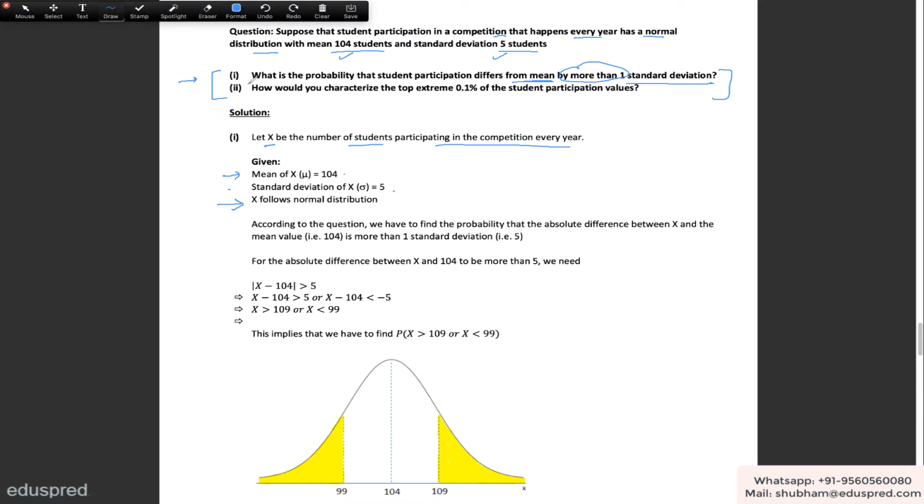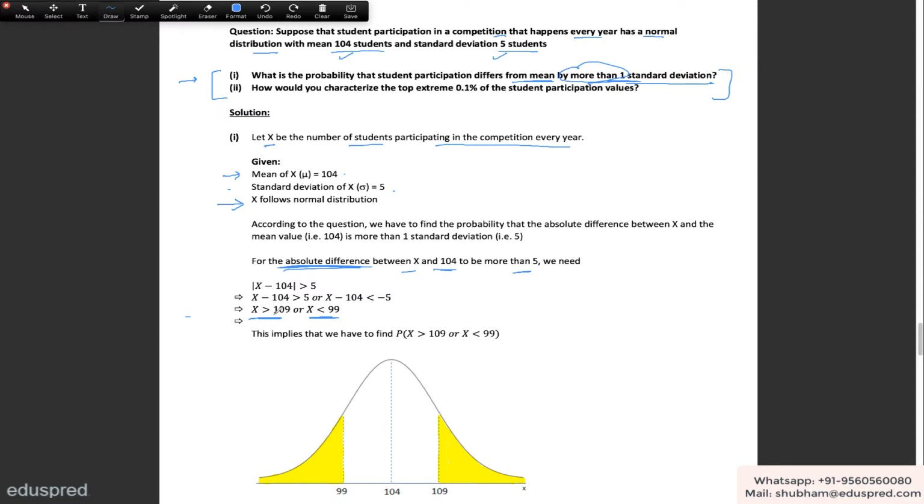Now, according to the first part of this question, we have to find the probability that the student participation differs from mean by more than one standard deviation. If it has to differ by more than one standard deviation, it can go in either direction. That means we need the absolute difference between x and 104 to be more than 5. So this can happen in two cases: if x is greater than 109 or if x is less than 99.